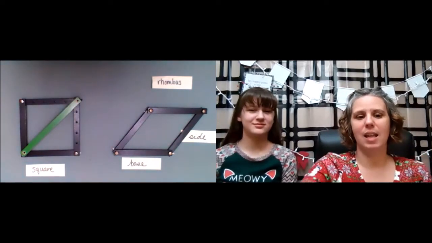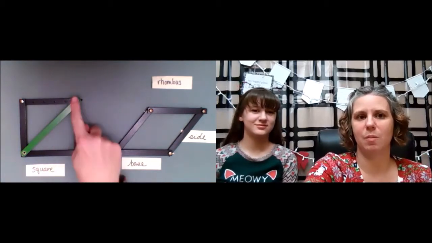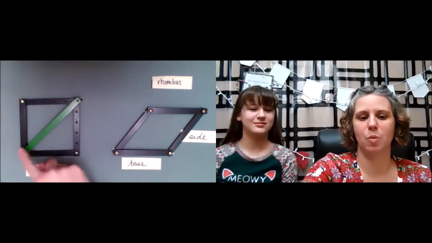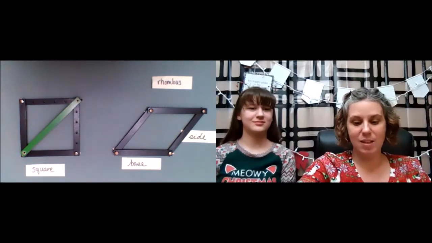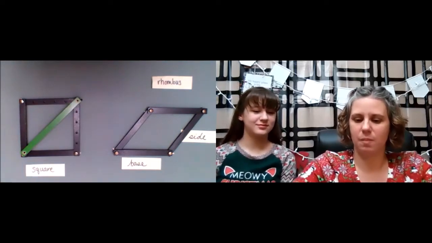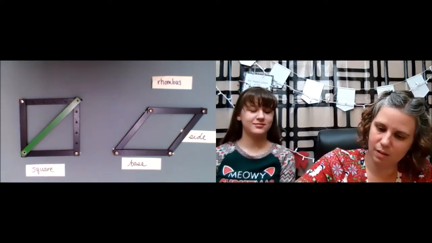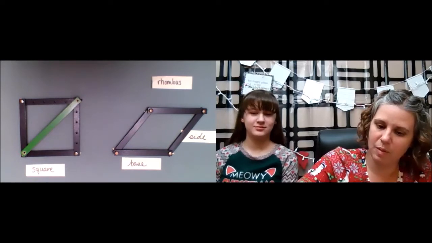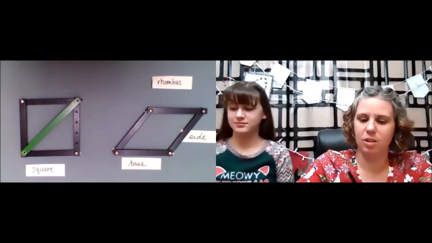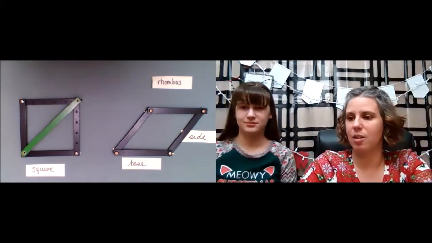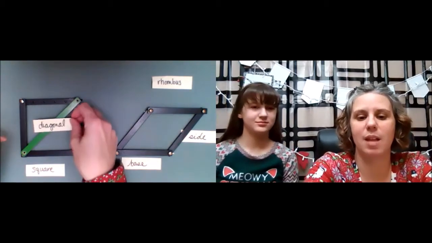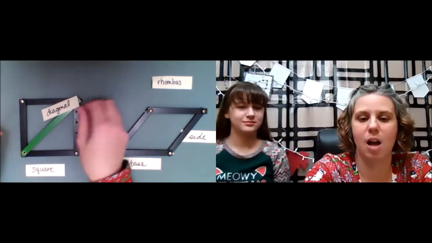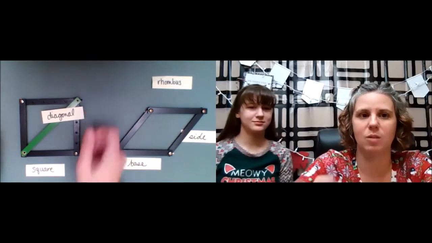This line that connects the opposite vertices, or vertex points where they turn, is called the diagonal. And you probably remember that from parts of a polygon. Diagonals are lines that are drawn from one side to any non-adjacent side, meaning ones that aren't next to each other. So that's a diagonal of the square.